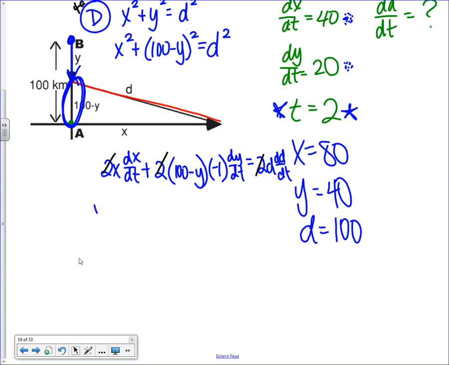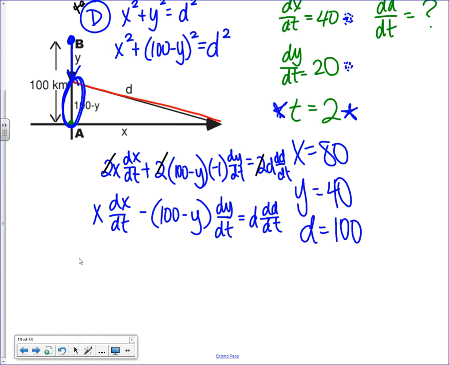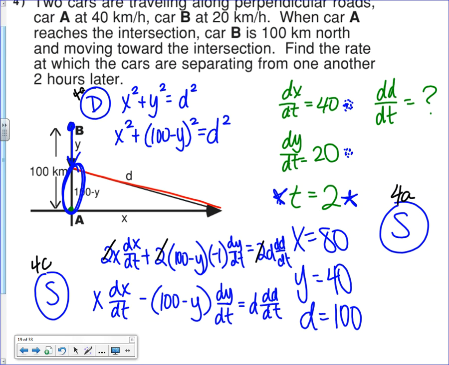I now have x dx/dt minus (100 minus y) dy/dt equals d dD/dt. Yikes, that's a lot of d's. This is letter S for your part C. The one over here was also letter S for your 4A. I think I mislabeled that one back here; I think this should be 4B.